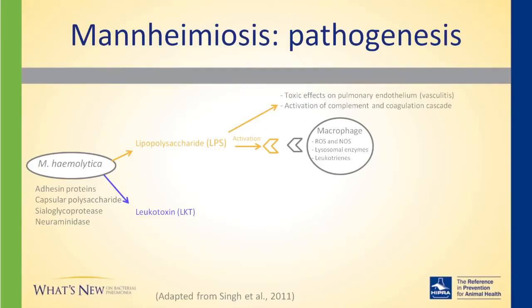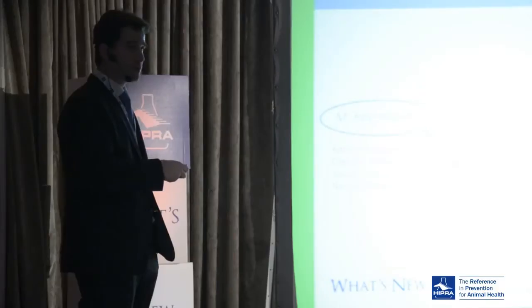Lipopolysaccharide will first activate the coagulation cascade, will have a toxic effect on the endothelial cells, leading to vascular leakage and vasculitis, and will activate the macrophages. These macrophages will in turn recruit neutrophils by creating pro-inflammatory cytokines, and those neutrophils also will be activated with leukotoxin.